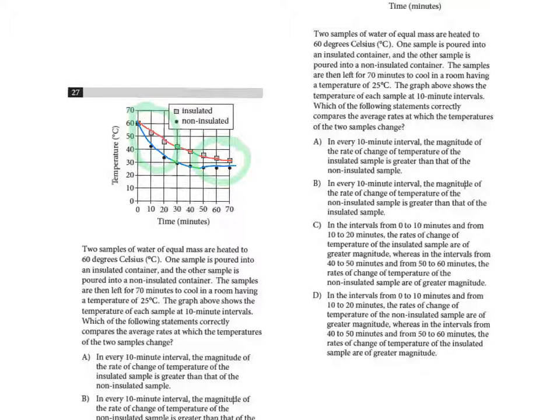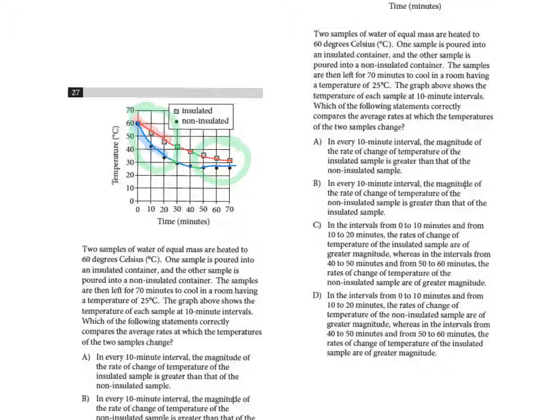So if we look at the interval from 0 to 10 and 10 to 20, the rate of change of the insulated sample is less than the rate of change for the non-insulated sample. Okay, so C doesn't work.